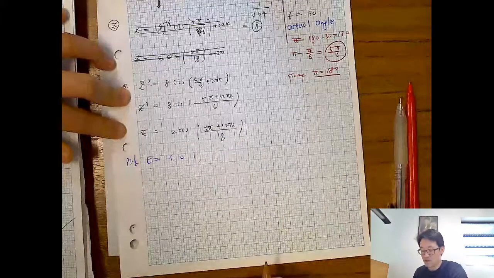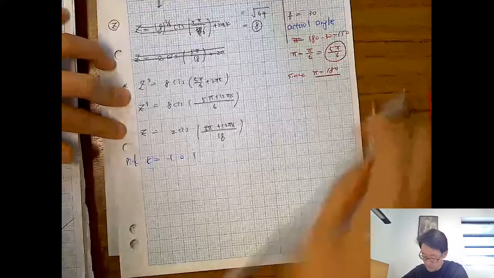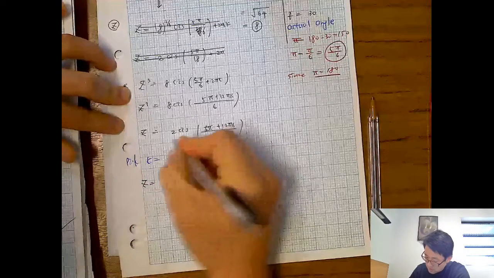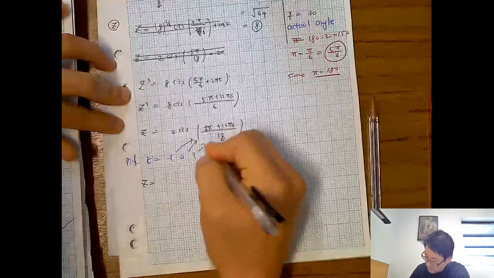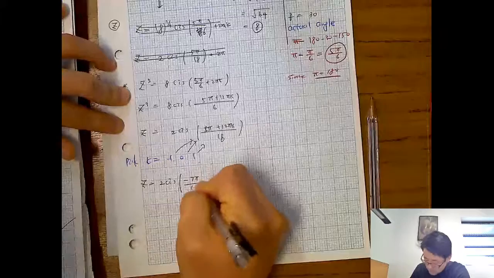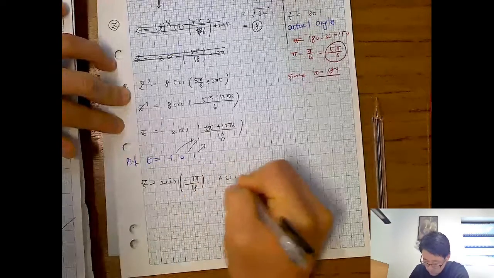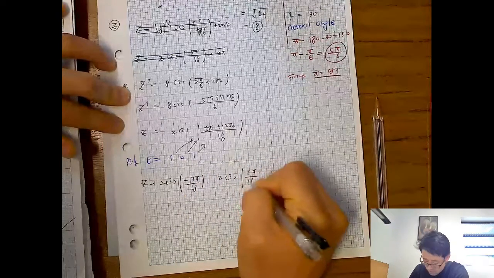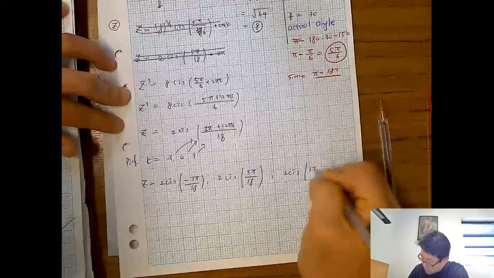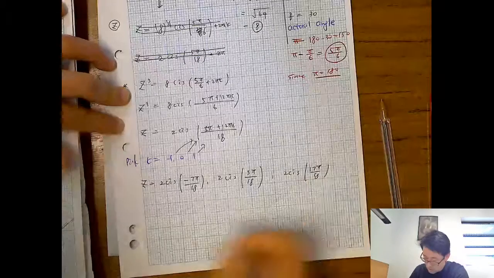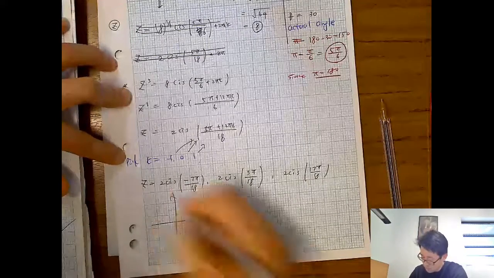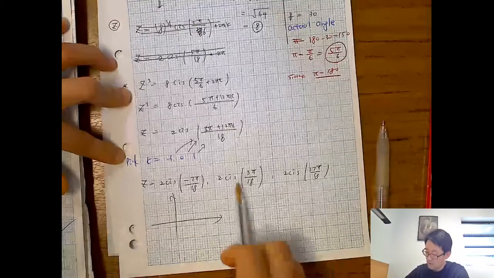And then you just plug in z equals to here: 2 cis minus 7 pi over 18, 2 cis 5 pi over 18, 2 cis 17 pi over 18. You can draw that.